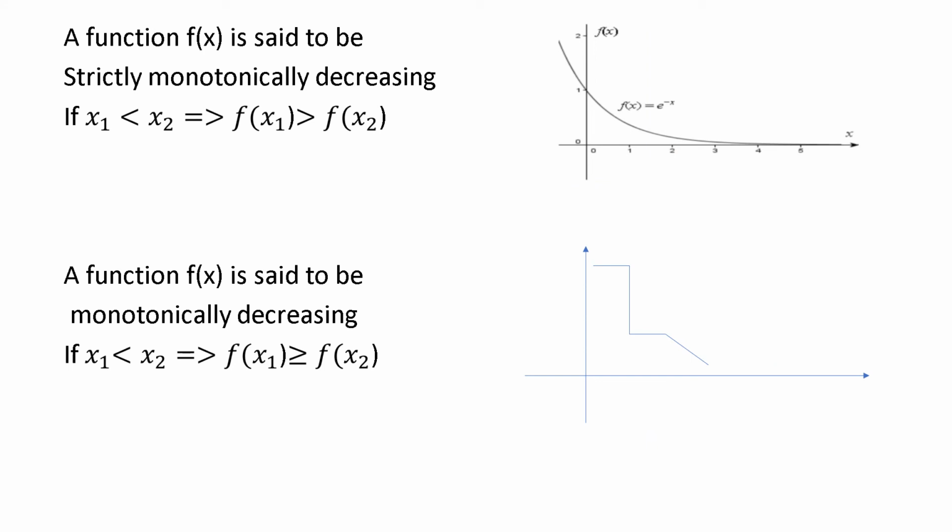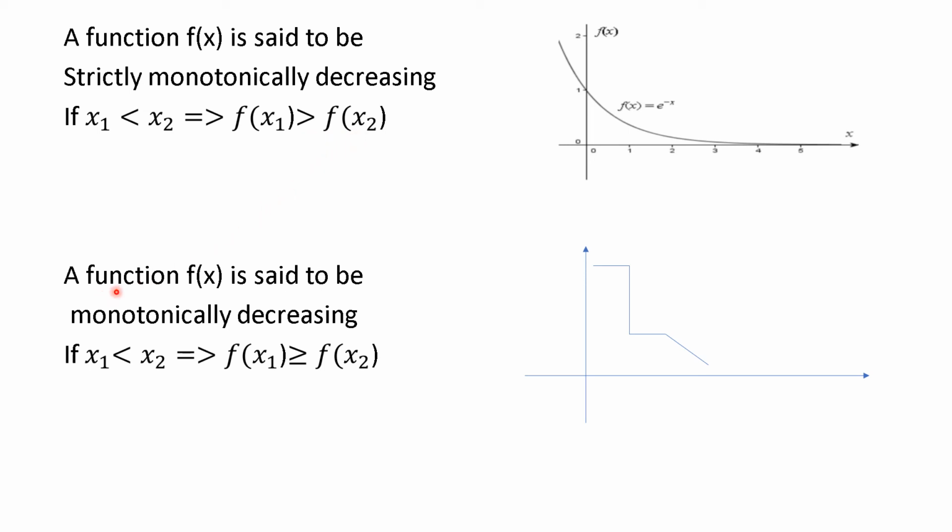Similarly, monotonically decreasing functions. Take any function from the set of real numbers to the set of real numbers, or any interval I in real numbers. If for any x1 and x2 belonging to the interval with x1 strictly less than x2, it implies f of x1 is strictly greater than f of x2.